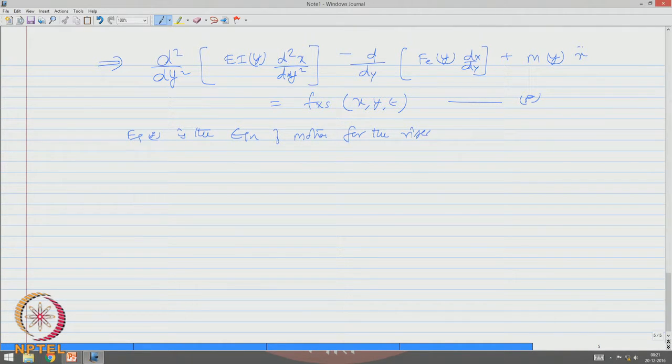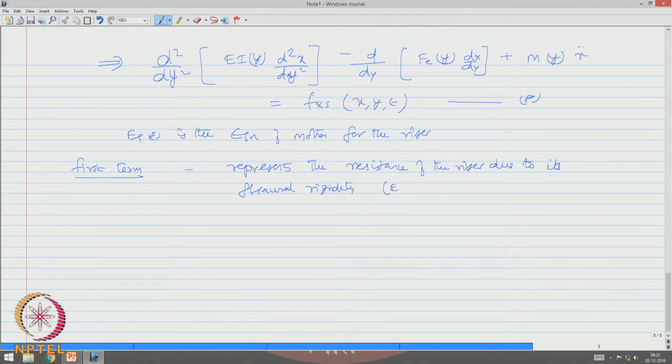In this equation, the first term represents the resistance of the riser due to its flexural rigidity. You can very well see here the E I term accounts for this.